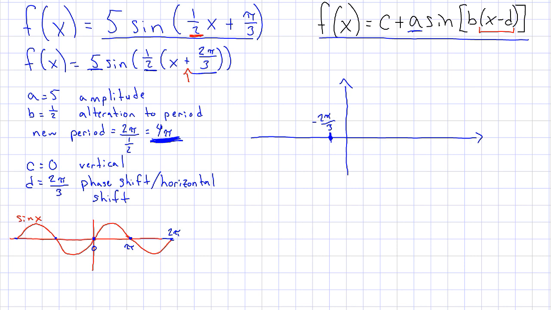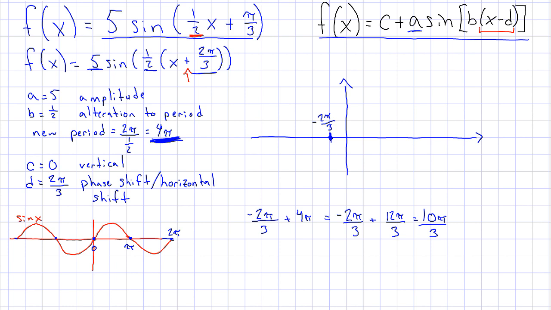So I'm going to add 4 pi to my negative 2 pi over 3. I need the same denominator to add these, so negative 2 pi over 3 plus 4 times 3, 12 pi over 3. So that's 10 pi over 3.